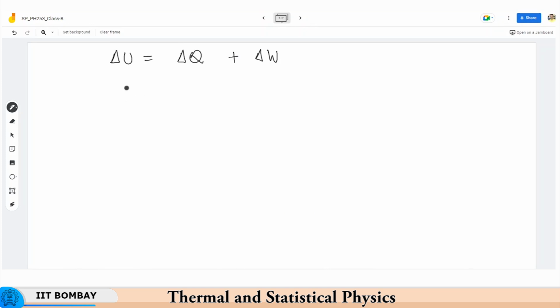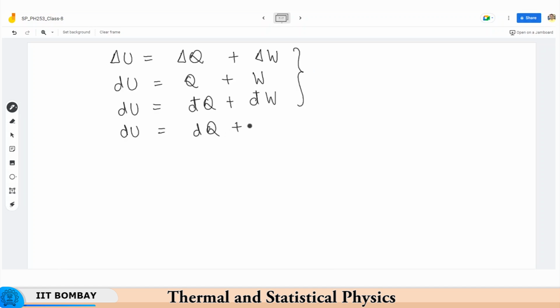And usually it is also denoted by differentials, and sometimes you just write Q and W. In other books you can even see different notations, and some other books also write dq plus dw.